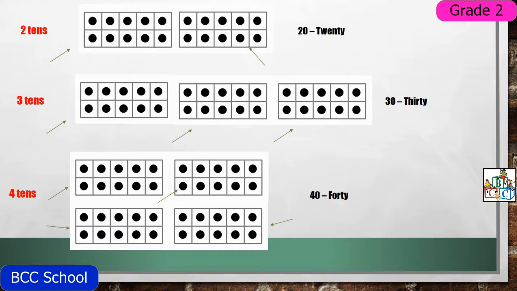Therefore, this represents the number 40. How do you spell 40? F-O-R-T-Y, 40. Look well, we don't have a U in 40. So one more time, we're going to spell 40. F-O-R-T-Y, 40. So 4/10 is 40.